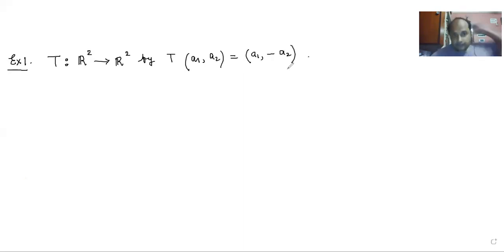Now this transformation is also very important in the sense that it has a geometrical significance. What is the geometrical significance of this transformation? Let me draw it, you will understand.